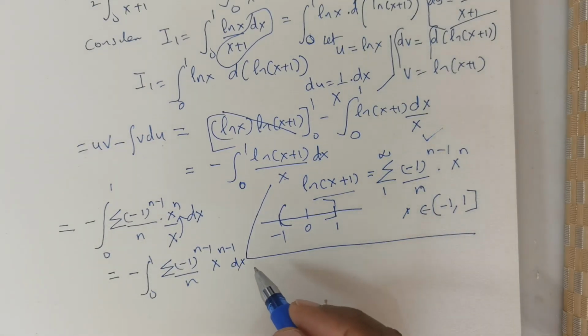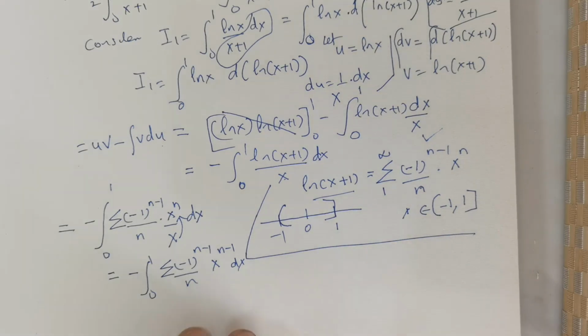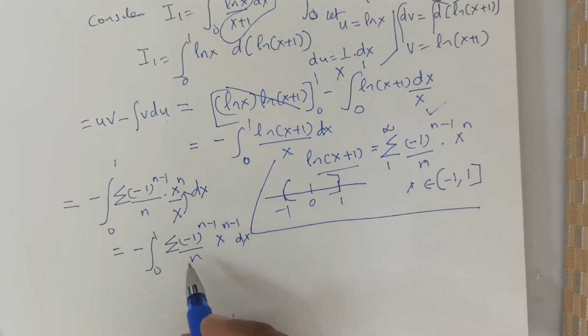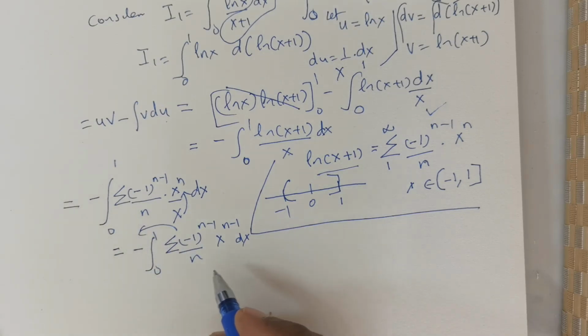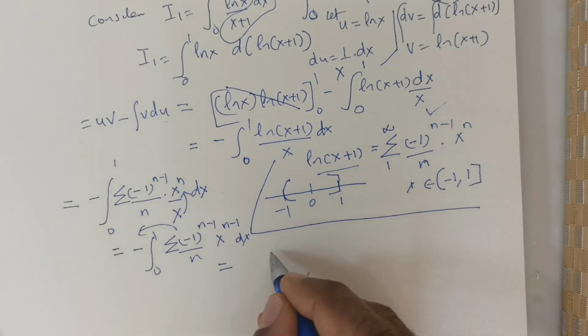Okay, now the all important flip. Now I want to move this sigma outside, and it is only possible if the quantity inside are convergent and bounded. Now clearly this is convergent and bounded, and because of that I can move the sigma out.